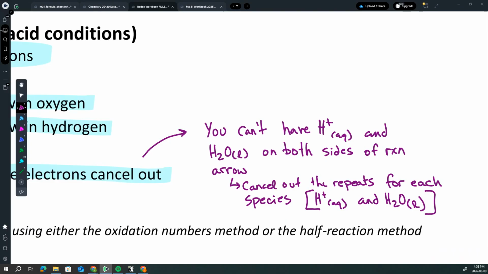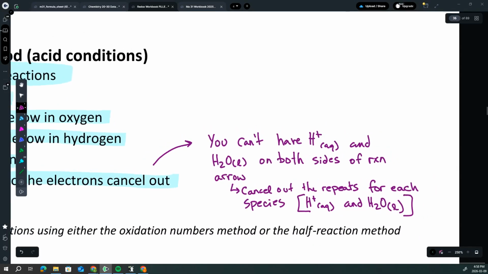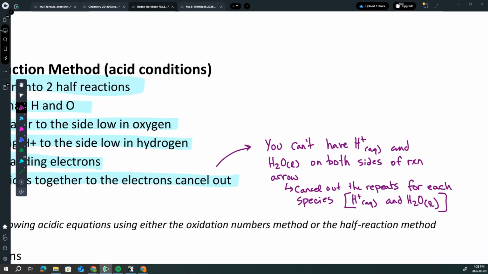You're going to need to cancel out the repeat chemical species for each species. So mostly this pertains to H+ ions and water, but just make sure to check through each chemical species involved in both of your reactions to make sure there isn't anything else. But the vast majority of the time it's going to be our hydrogen ions as well as water.